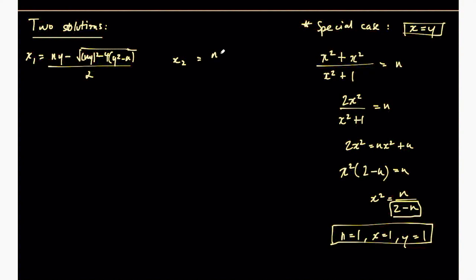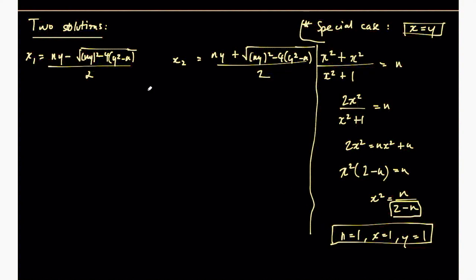This is equal to ny plus the square root of ny all squared, take 4, y squared, take n, over 2. Okay, this is getting in the way now. Sorry about this. You can see this is really getting quite convoluted. Again, this is kind of what makes this problem so difficult. So now what we want to do is make a third assumption. So this is going to be the third assumption in this proof.